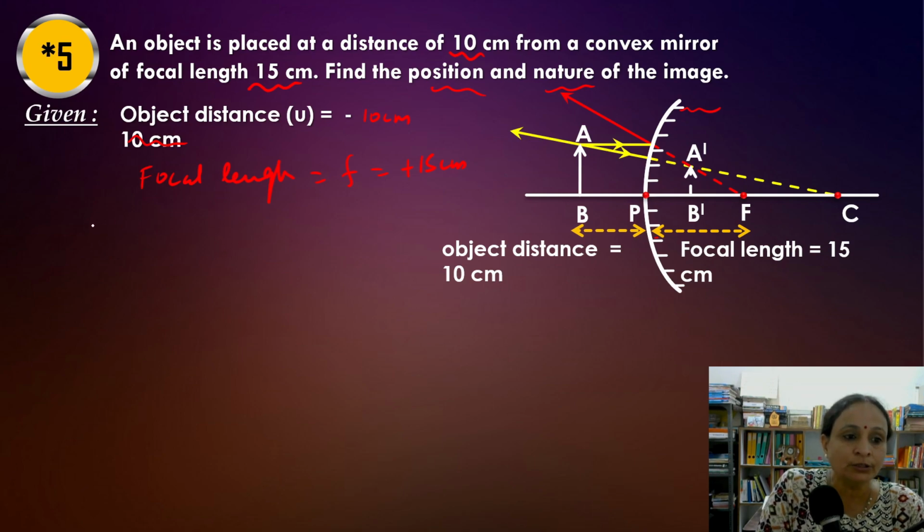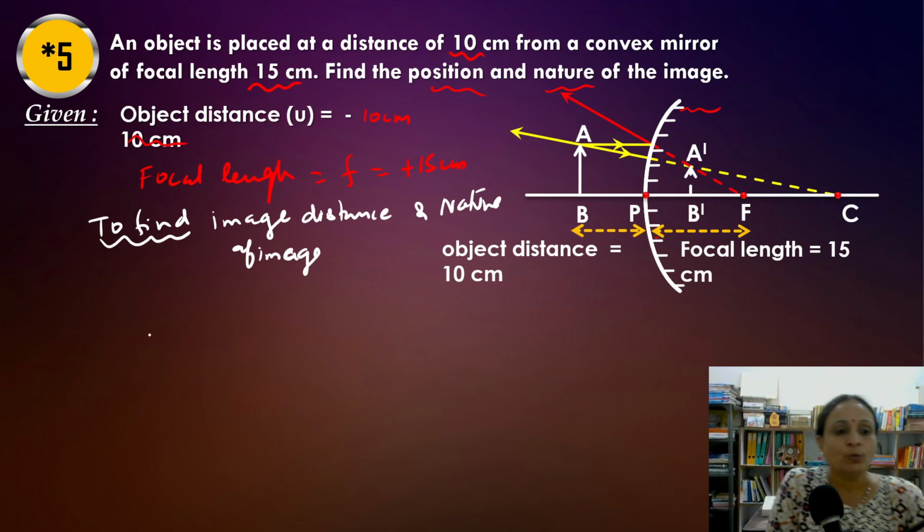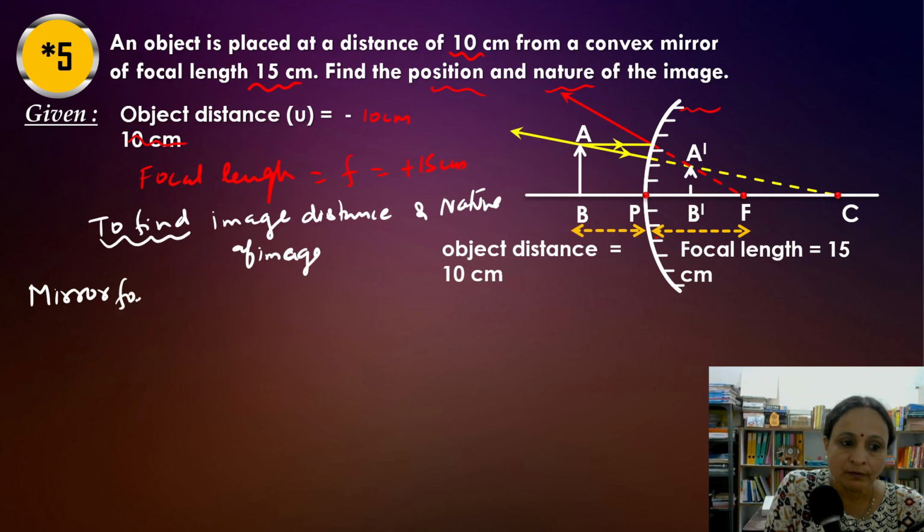That is what you have to find out: the image distance and the nature of the image. You have to find these two things. Okay. So what is the formula used? The mirror formula. We know it is 1 by f is equal to 1 by v plus 1 by u.